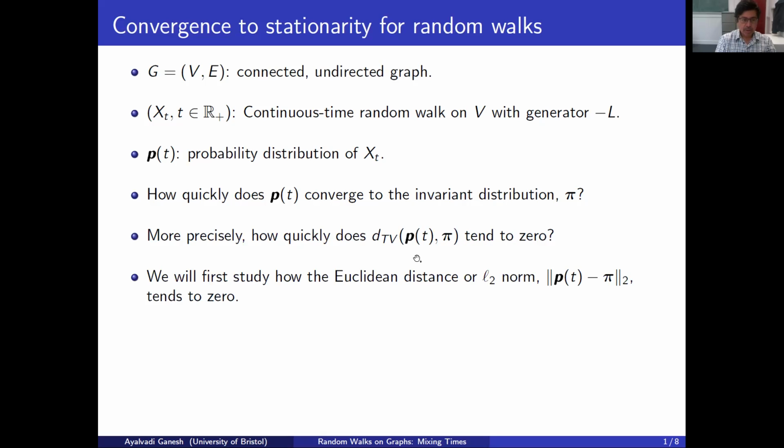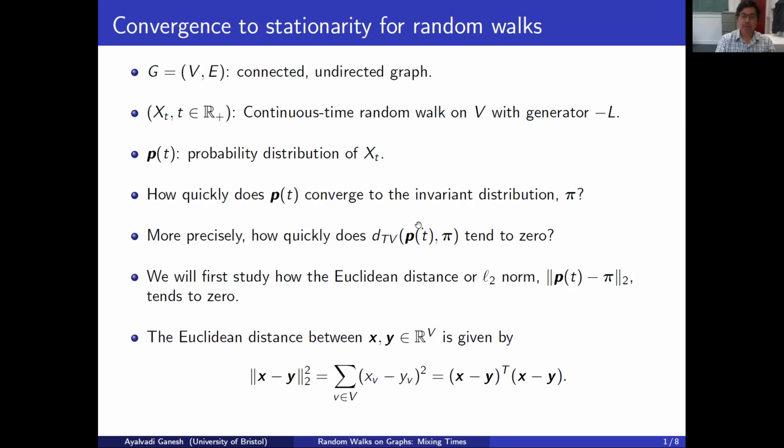And the way we are going to study this, we are going to first study it for the Euclidean distance, which turns out to be easier using the tools at our disposal. We'll derive bounds on how quickly this tends to 0, and we'll use these in order to get bounds on the total variation distance.